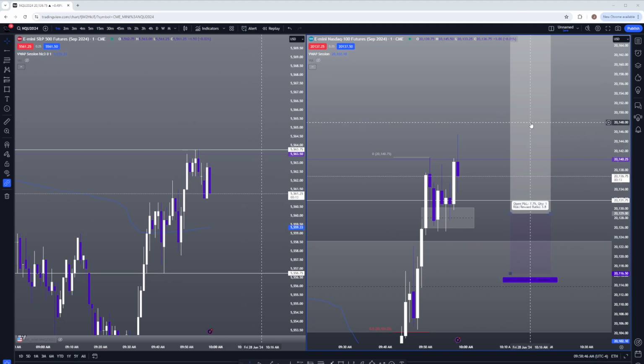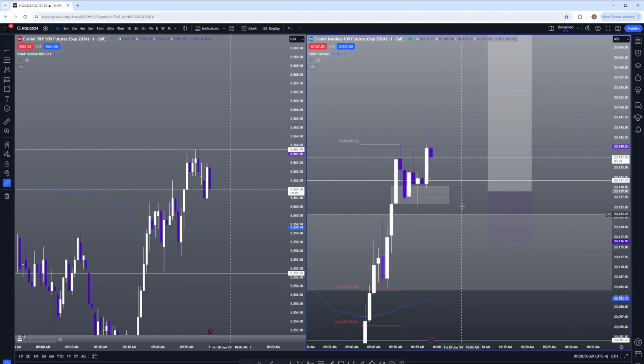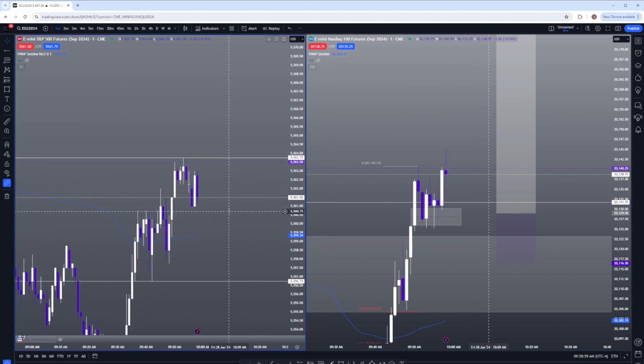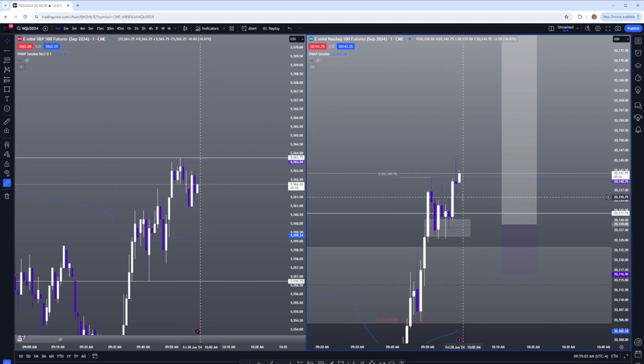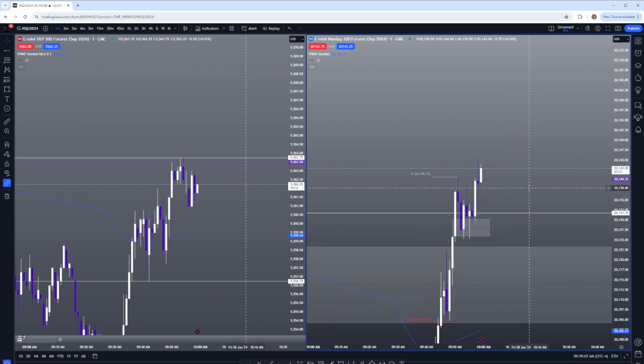So just be aware of that. But it looks like we are going to close above on the hourly. Looks like we're going to displace our bearish breaker on the hourly and the 15-minute time frame. So let's see if we get that pump from here or not.